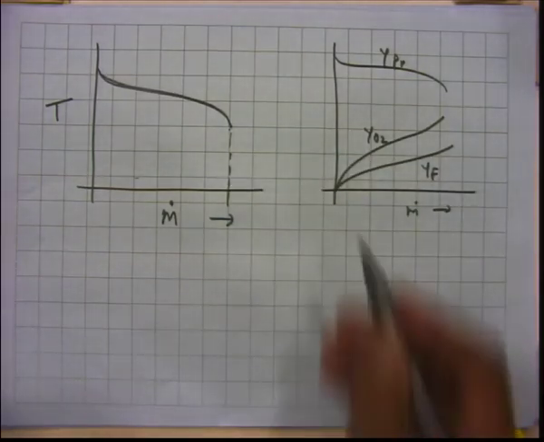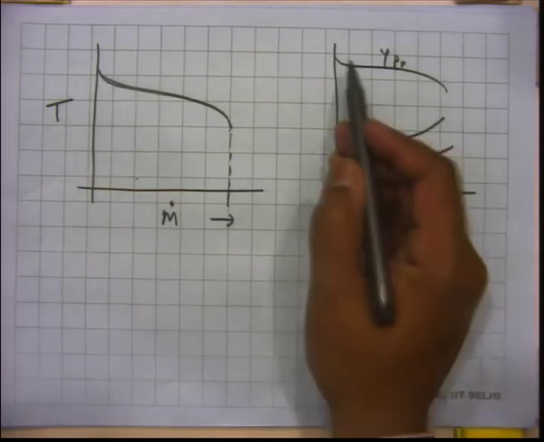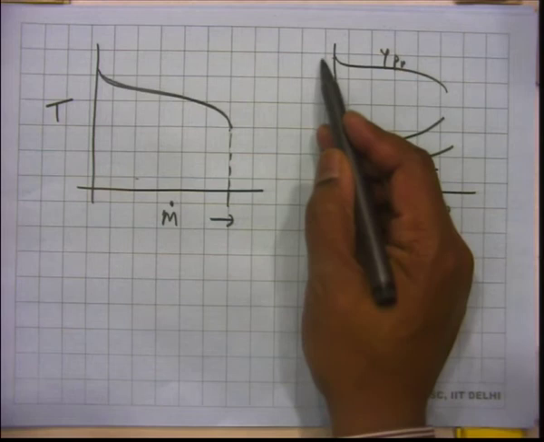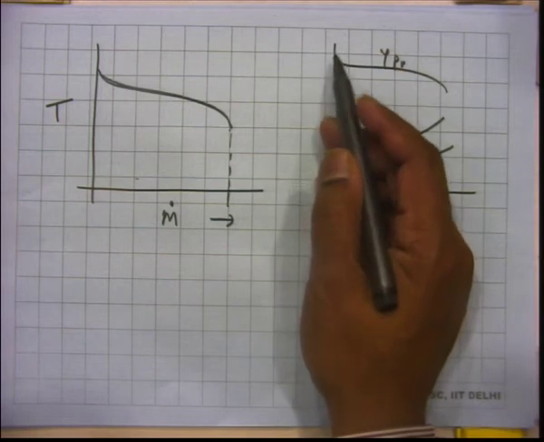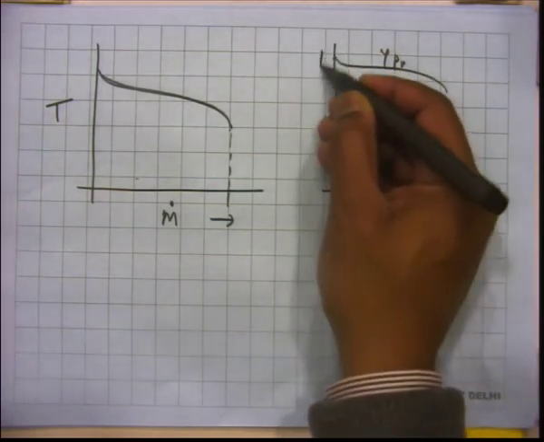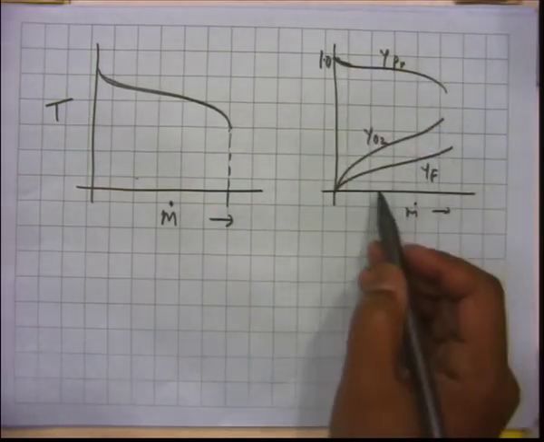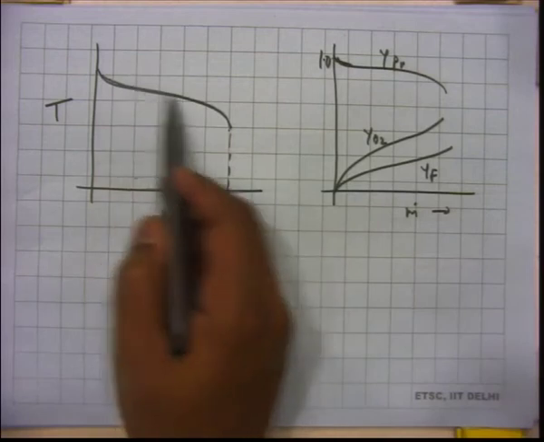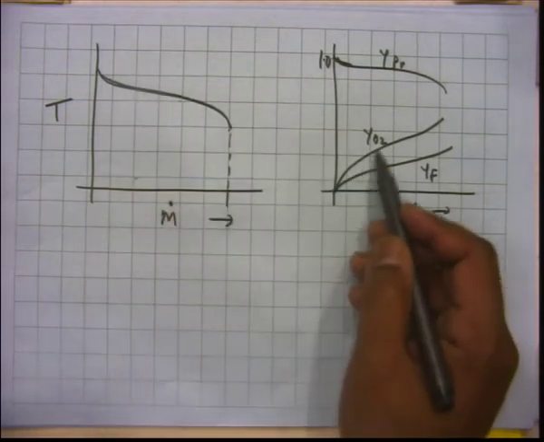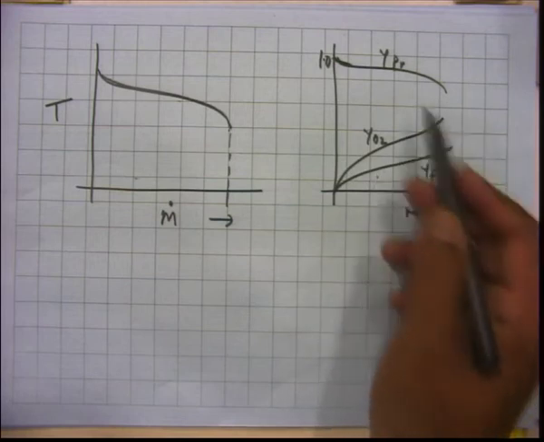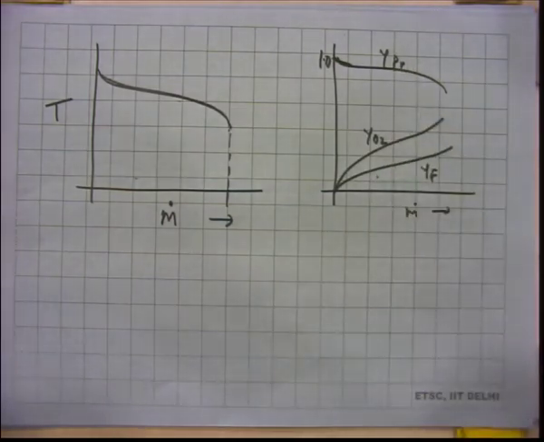And similarly, if you give a small m dot, then the product concentration is actually quite high. It is almost equal to 1. If you increase m dot, temperature decreases, and you can also see that there is more oxygen and fuel in the product stream. What are these mass fractions? These mass fractions are in the product stream or inside the vessel.